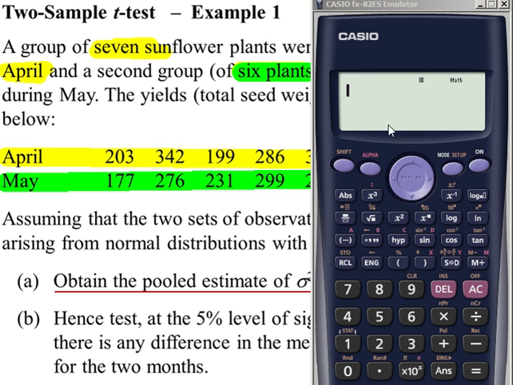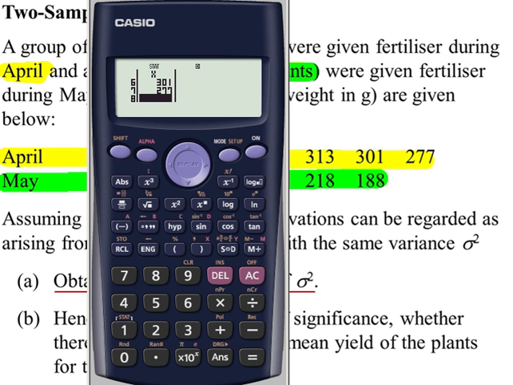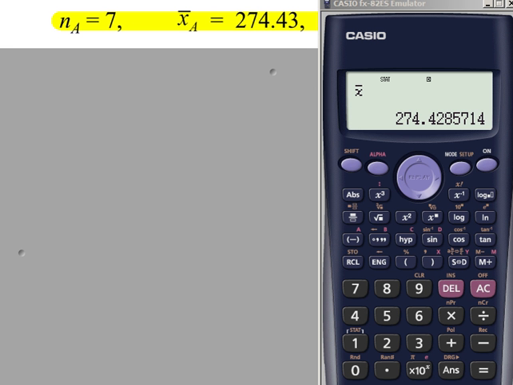So entering the data for April into the calculator, we have the sample mean, option 4 for the standard deviation, which we need to square to get the variance.